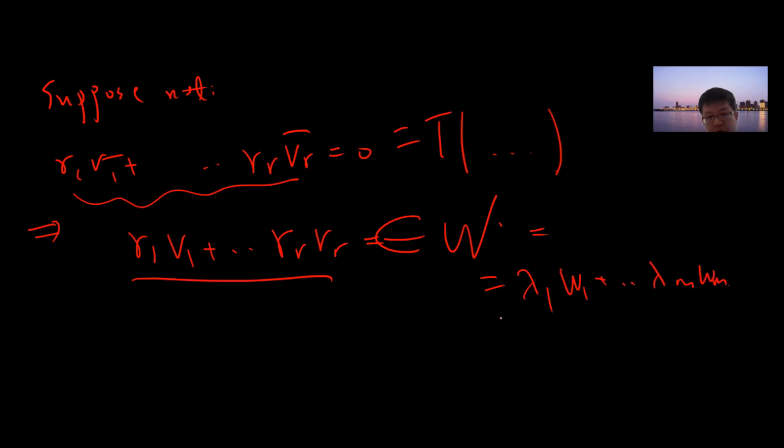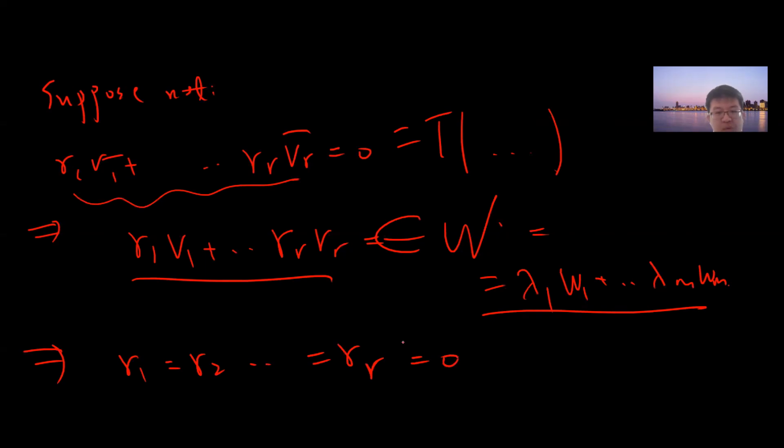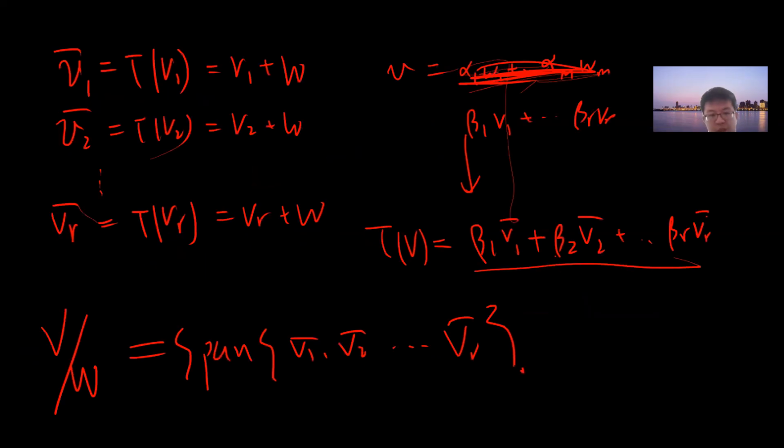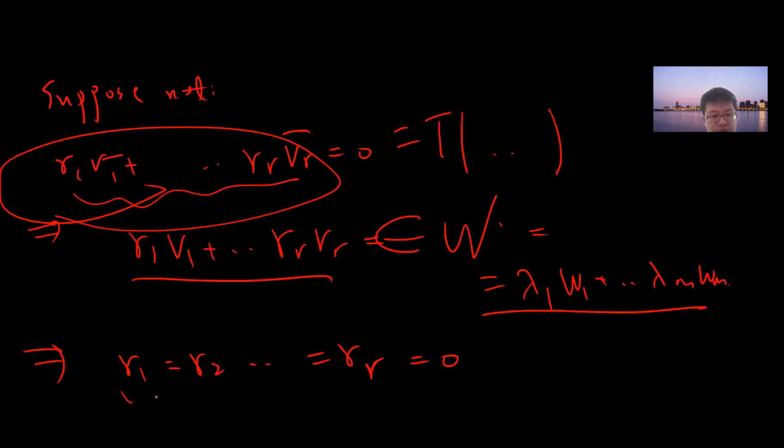But we said that all of these are linearly independent, which tells you that gamma 1, gamma 2 up to gamma r must be 0. So all these V bars are linearly independent. Since they are linearly independent, they also span V quotient W, so we prove that they are a basis. So the dimension of V quotient W is dimension V minus dimension W.